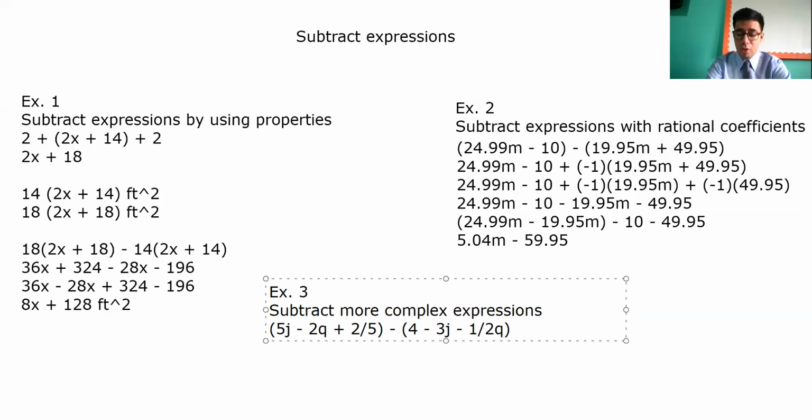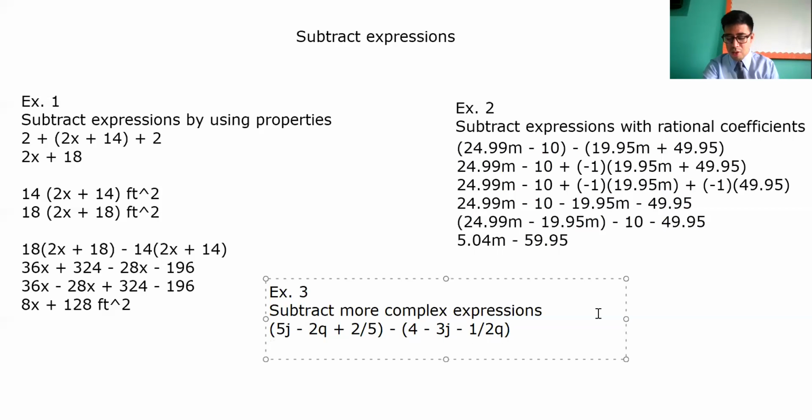So what we are going to do, guys, in this case, is distribute the minus sign, or minus 1, to all the terms in the second expression. So I'm going to change the signs.